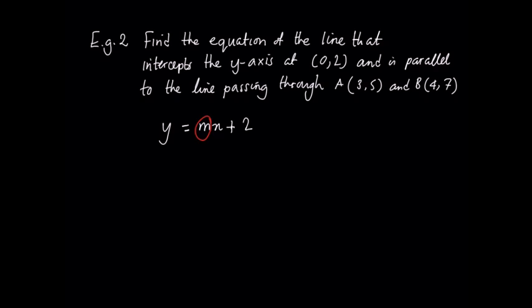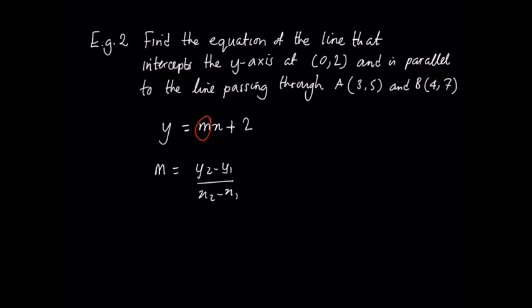We know that it's parallel to the line passing through the 2 points A and B. But as we saw previously, if we know any 2 points on a given line, we can find the gradient. And it's really easy to do that, isn't it? The gradient, m, is going to equal y2 minus y1 over x2 minus x1.